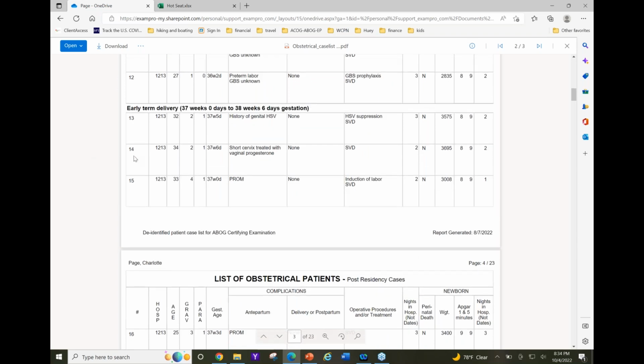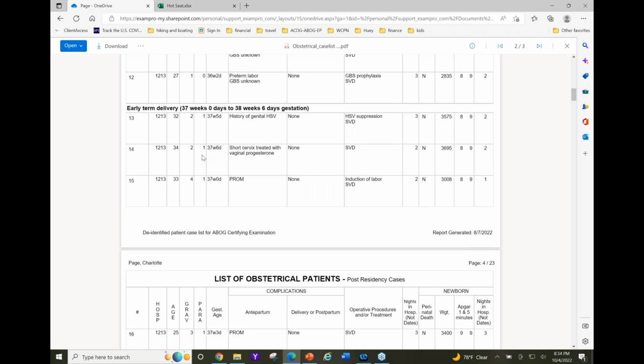Let's talk about case number 14 for a second. I noticed in this case that this is a G2P1 and the patient had a short cervix and received progesterone. Did this patient have a history of preterm delivery? I don't think she did.